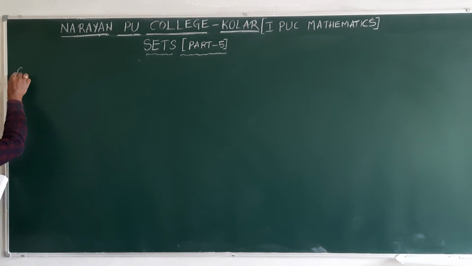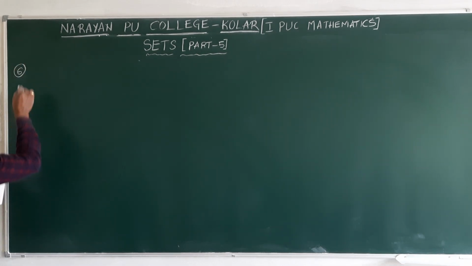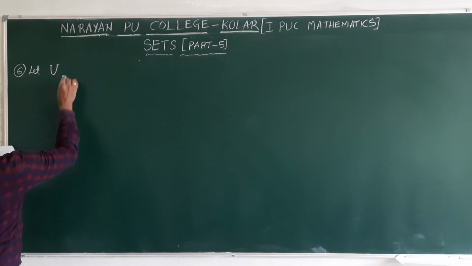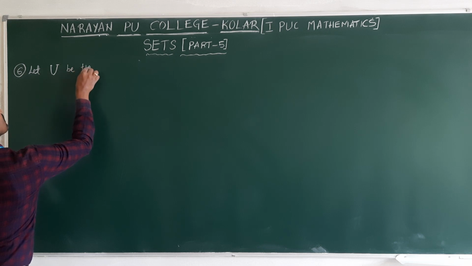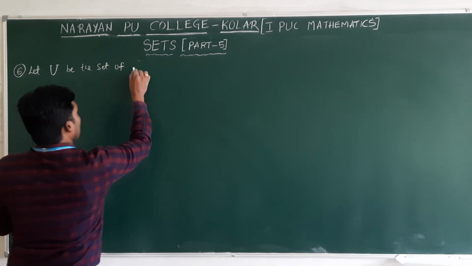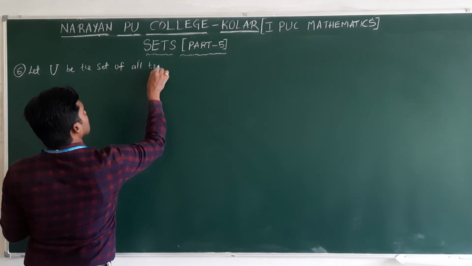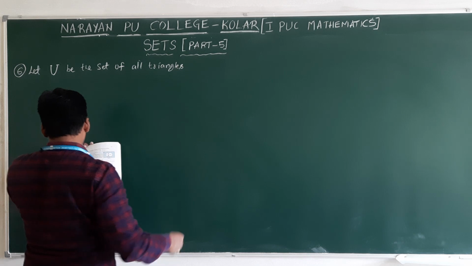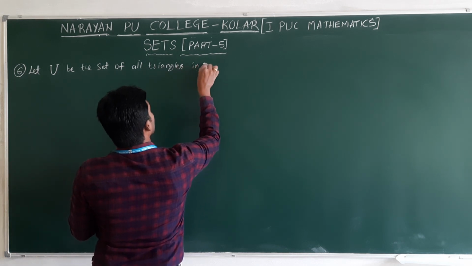Next, question number 6. Let U be the set of all triangles in a plane.